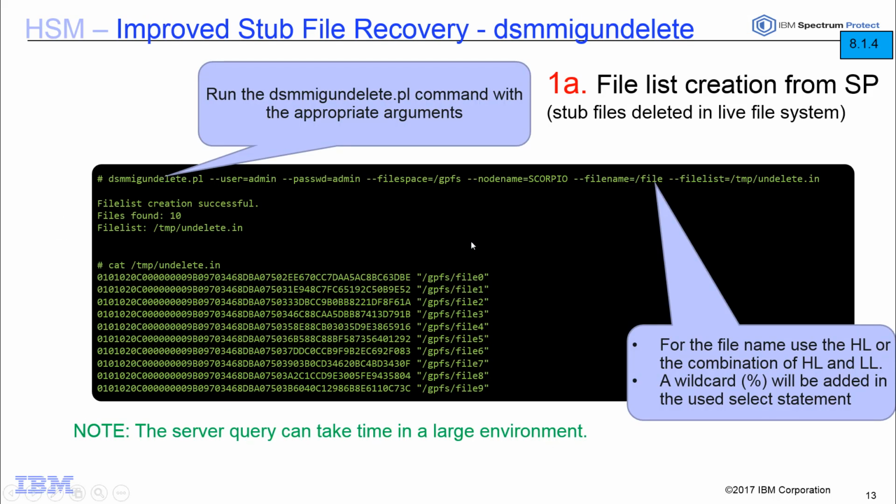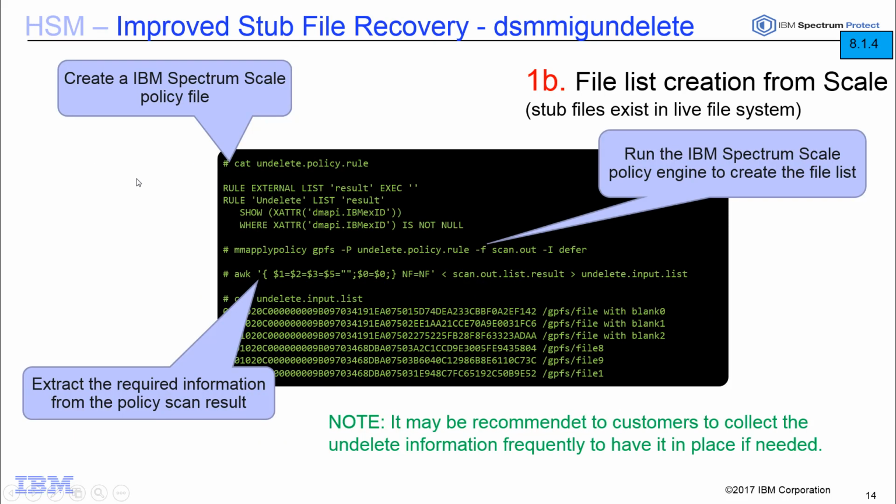So here on slide 13, you can see us running the dsmmigundelete.pl against the Spectrum Protect server to create that list of files. Here on slide 14 is the second option, where you could run that against the Scale environment. So you would run the apply policy, and then you could awk out the list of files from there.